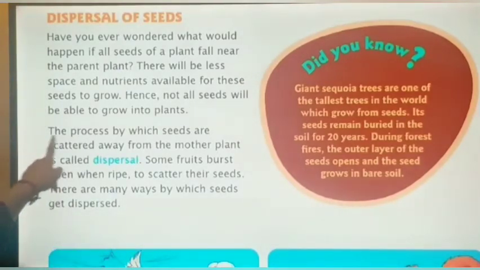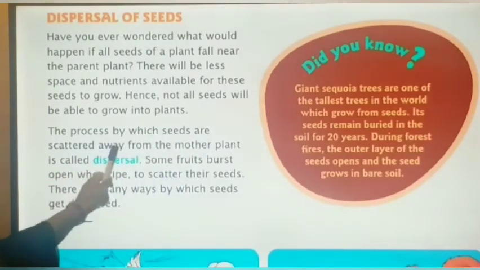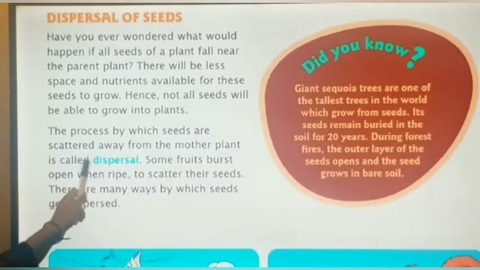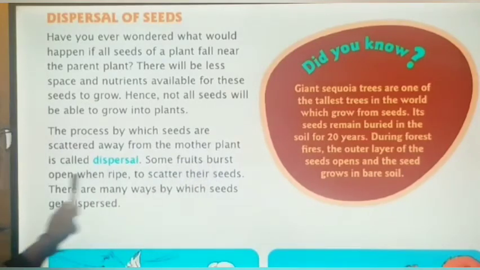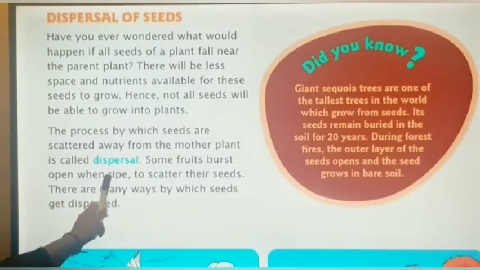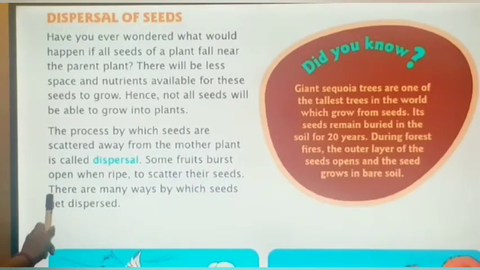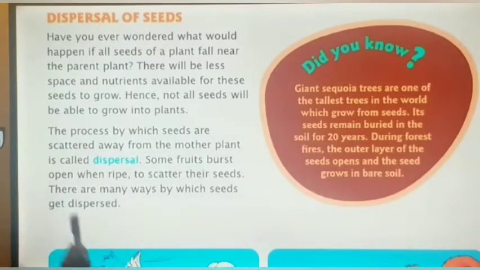The process by which seeds are scattered away from the mother plant is called dispersal. Some fruits blast open when ripe to scatter their seeds. There are many ways by which seed gets dispersed.